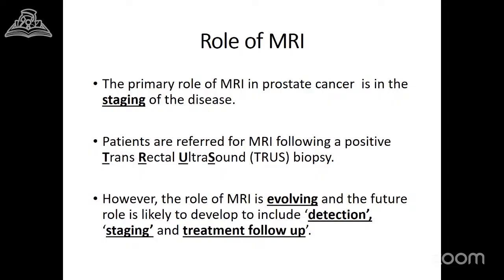In practice, it is often performed after a positive biopsy to define disease extent for treatment planning. However, its role is evolving, and multi-parametric MRI is now also used for detection of clinically significant cancer and for follow-up after treatment.